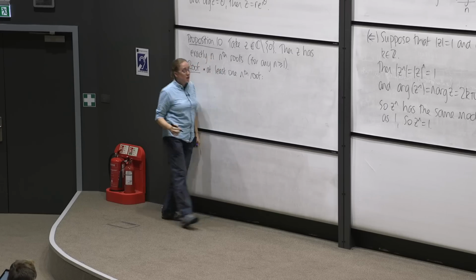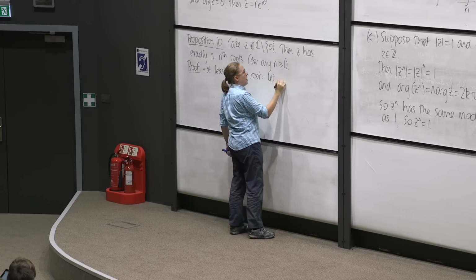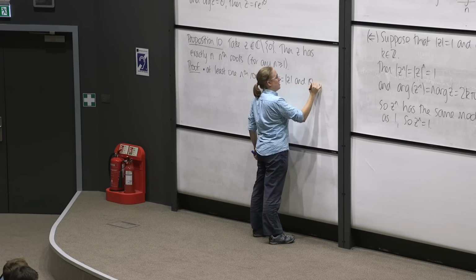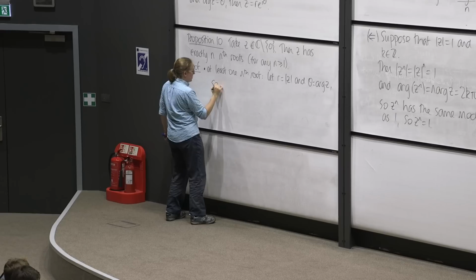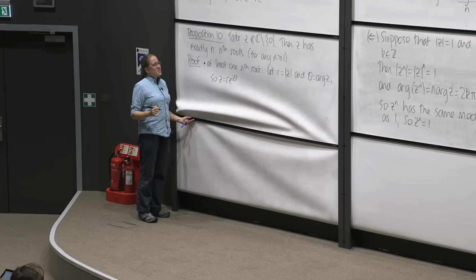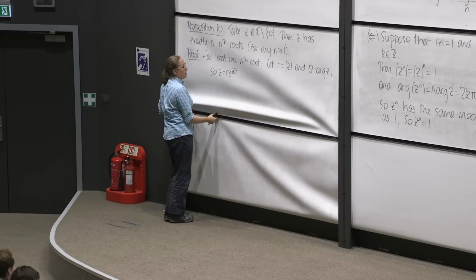Right? At the start, it's not completely clear that there is at least one nth root. So if I let R be the modulus of Z and theta be the argument of Z, so Z is R e to the I theta, I can sort of stare at Z in this form and guess what an nth root might be.